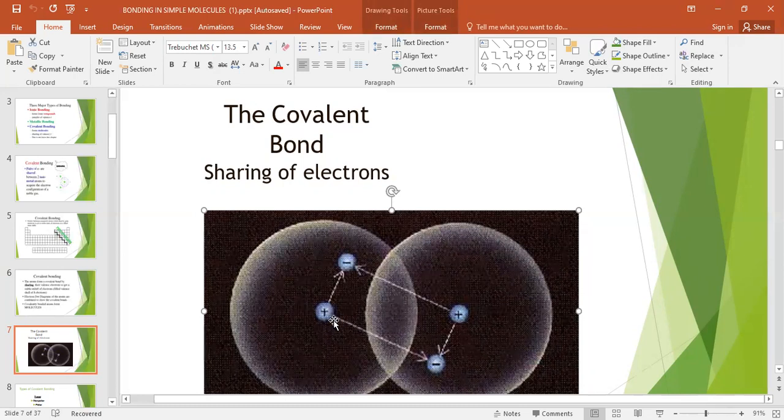We have two atoms here. So the proton of the first atom is attracted by the electron of another atom when they form a chemical bond, or the opposite: the proton of the second atom is attracted by the electron of the first atom, they form a chemical bond. So anyway, protons attracted with electrons form a chemical bond. Clear now?